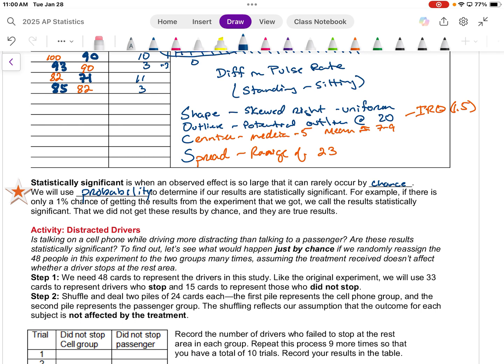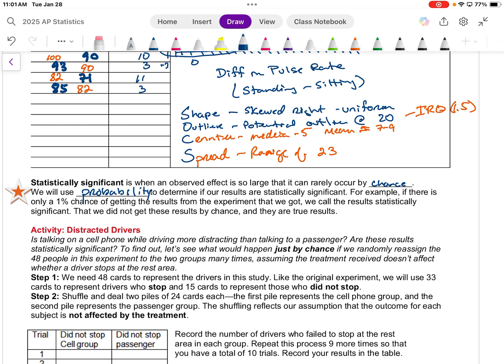We use probability to determine if our results are statistically significant. For example, if there is only a 1% chance of getting the result from the experiment that we got, we call that result statistically significant, meaning we did not get these results by chance and that these are true results.